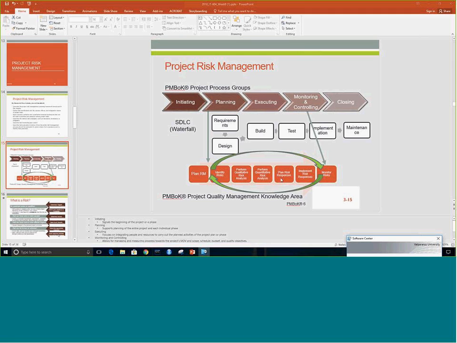Then it is important to plan our risk responses. What kinds of possible risk responses are out there is also something we'll be discussing in a moment. And once you have figured out how much a risk is going to cost should it occur, then we also want to ensure that we can plan our risk responses.